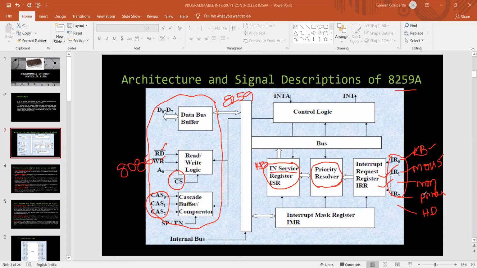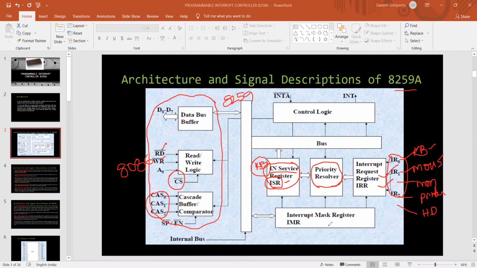Out of all these signals, the highest priority is for keyboard, and this keyboard interrupt has to be served. So the serving signal will be present in the interrupt service register. That means the highest priority signal will be there.